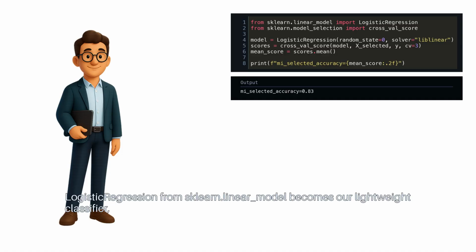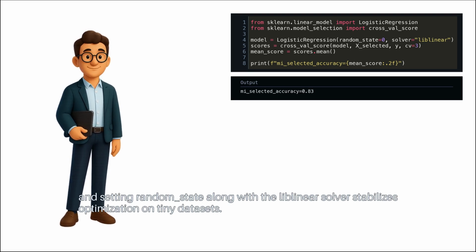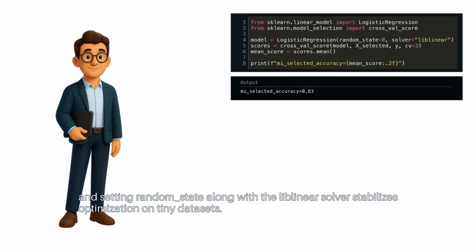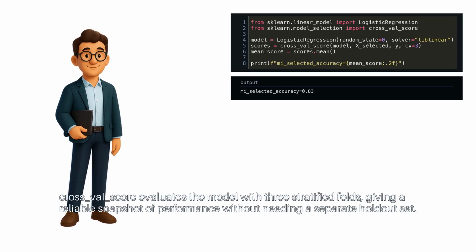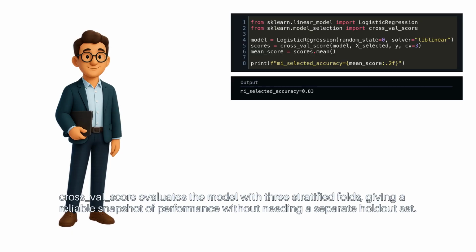LogisticRegression from scikit-learn.linear_model becomes our lightweight classifier, and setting random_state along with the liblinear solver stabilizes optimization on tiny datasets. cross_val_score evaluates the model with 3 stratified folds, giving a reliable snapshot of performance without needing a separate holdout set.